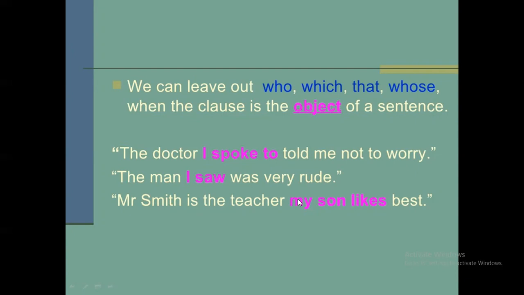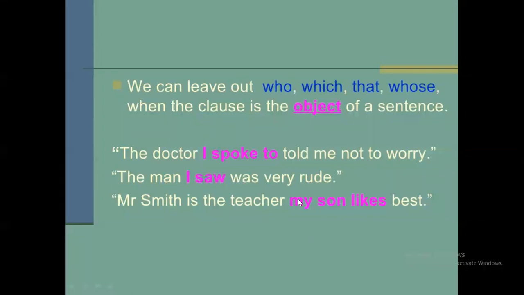Mr. Smith is the teacher my son likes best. طيب مين يعطيني one of the relative clauses we have, like who, which, that, whose. أنو واحد من relative clause مناسب لهاي الجملة؟ بنقدر نضيفها. احنا صحيح قدرنا نستغنى عنها بس بنقدر نضيفها.